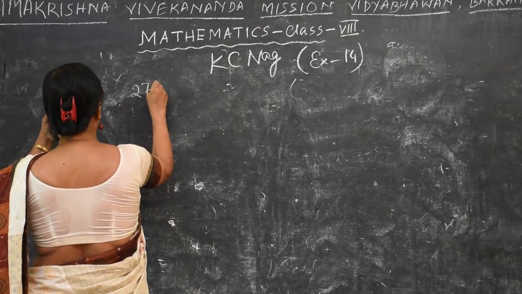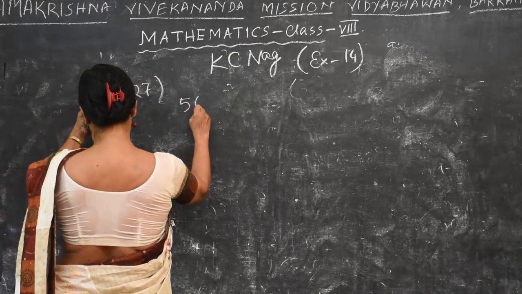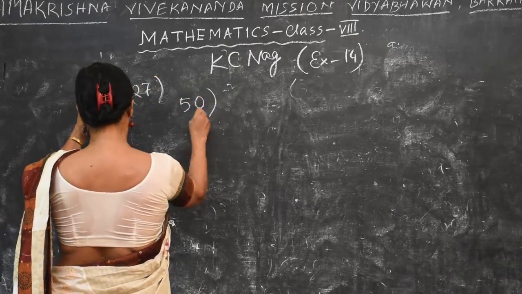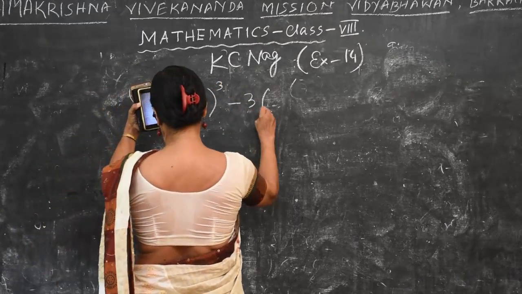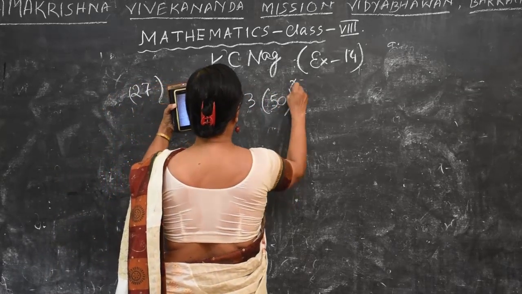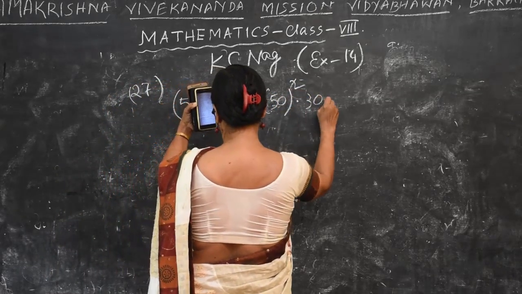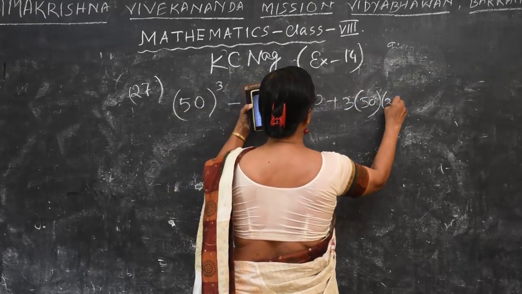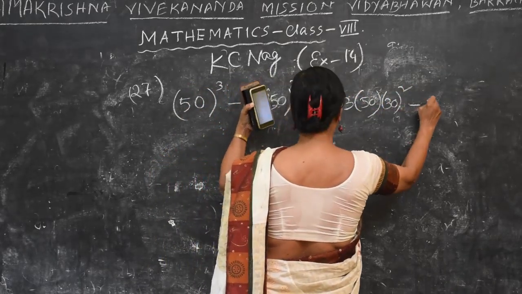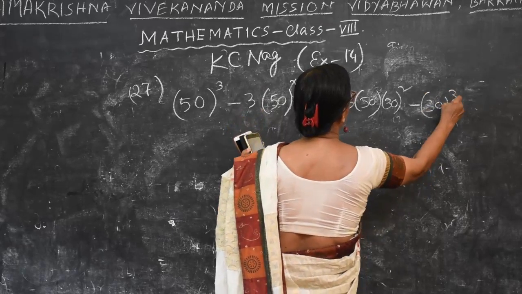This is the 27th. 50 whole cube minus 3 into 50 square into 30 plus 3 into 50 into 30 square minus 30 cube.